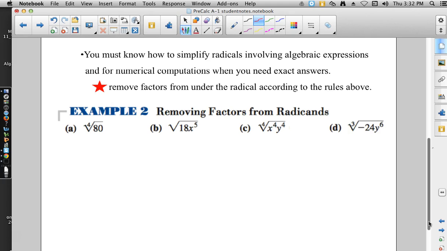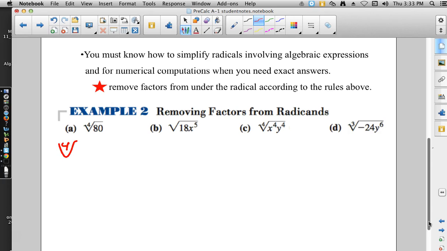Removing factors from radicands. Well, we have the fourth root of 80. So here's what I'm thinking right now. Do I have any perfect fourth powers on my power chart that will divide nicely into 80? So I go down that chart and I see right away 2 to the fourth is 16.